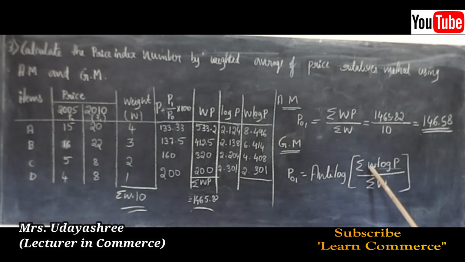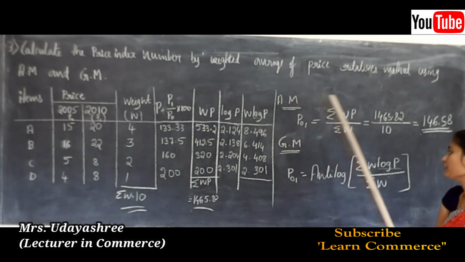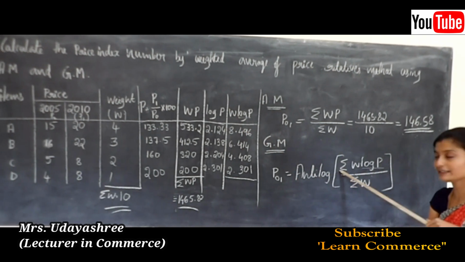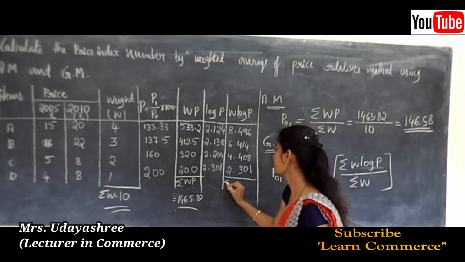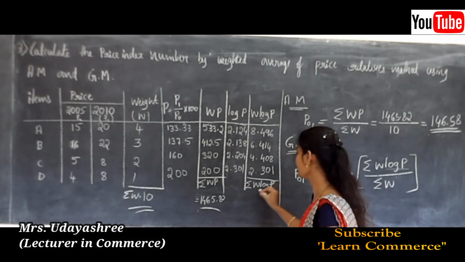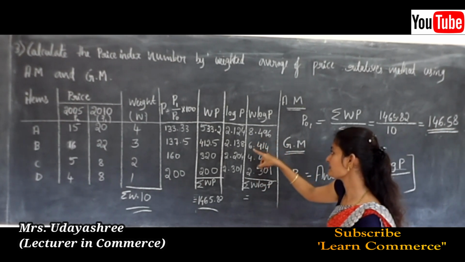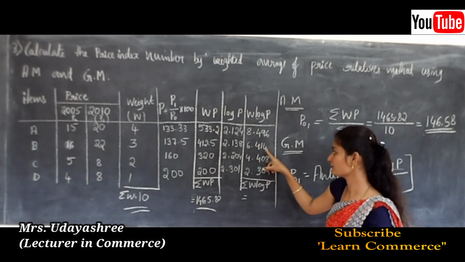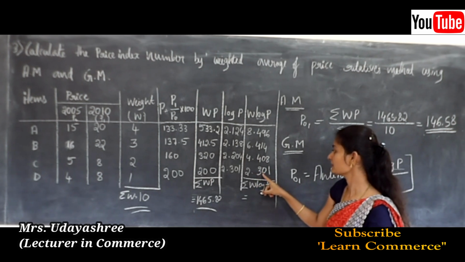Okay, now next see the formula. Here we need sum of W log P. Next what do we need to calculate? Sum of these observations. So sum of W log P is 8.496 plus 6.414 plus 4.408 plus 2.301.